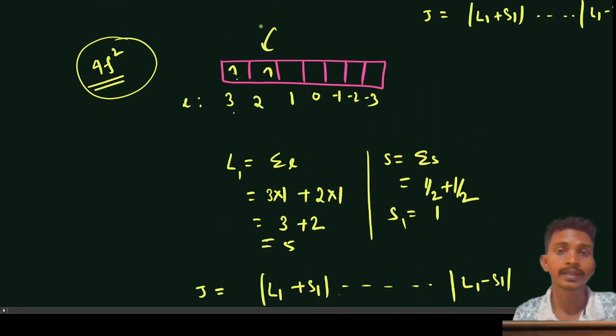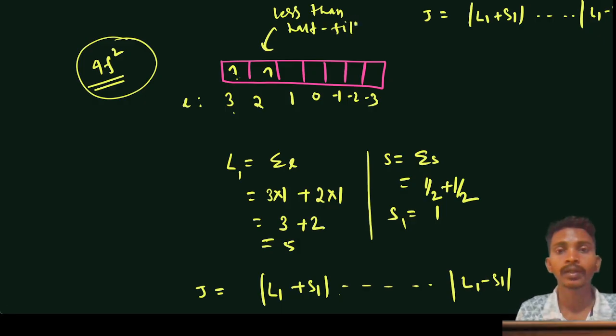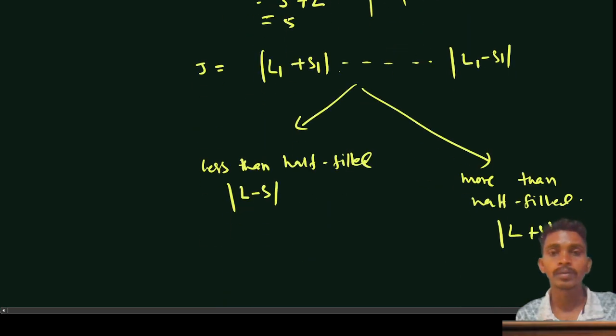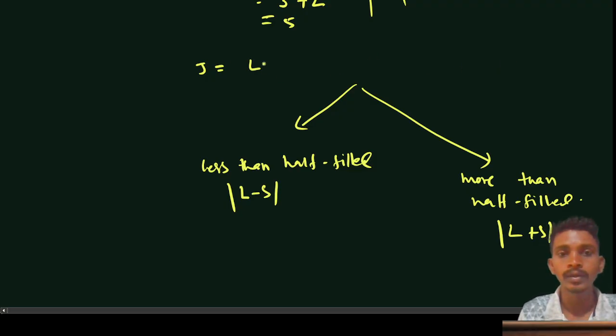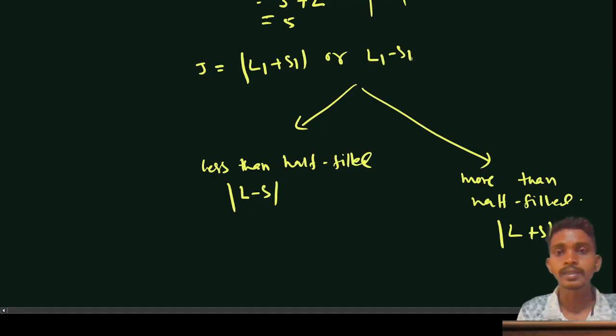So here this is less than half filled. Whenever you are calculating magnetic moments, you will not take L1 plus S1 dot L1 minus S1. We will take whether J is L1 plus S1 or L1 minus S1.